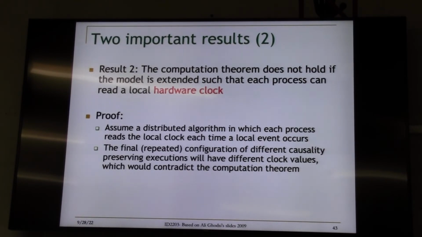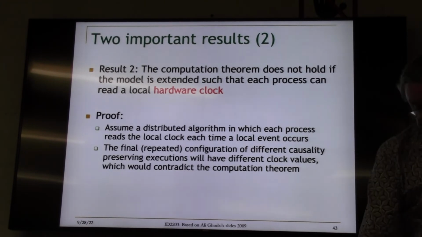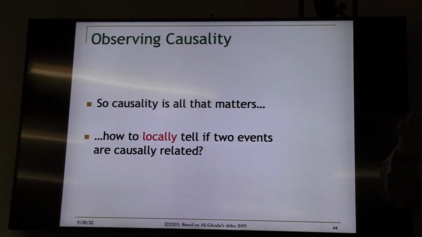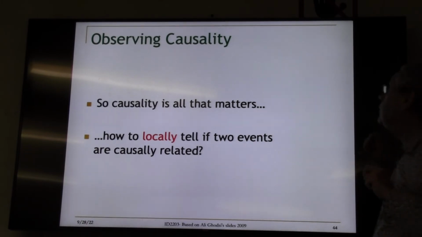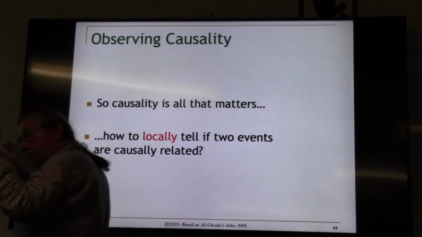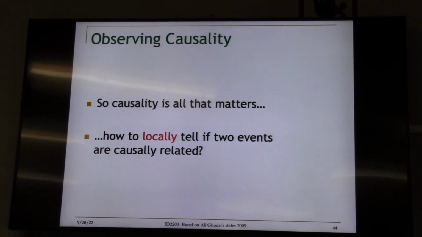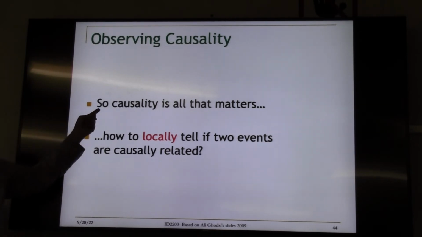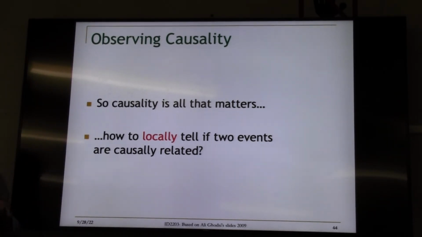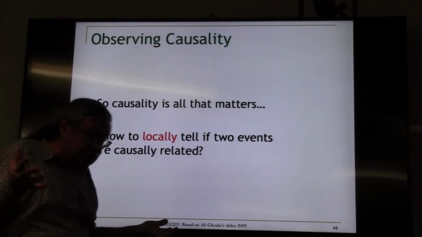But if you don't have a hardware clock, the only thing you can see is causality. You have causality glasses on. When you're running a distributed system, by default that's the only thing you see. You can say causality is all that matters. So that's an interesting result.